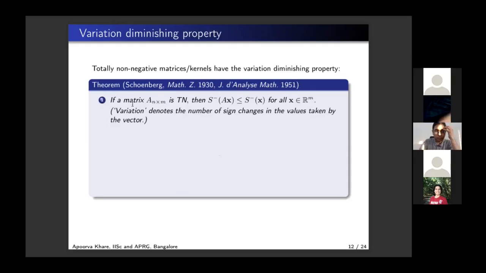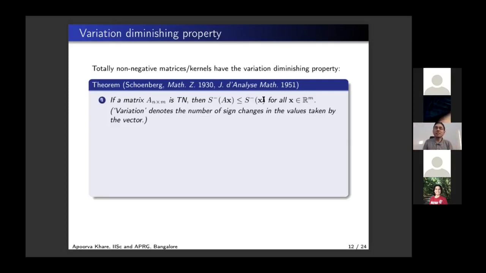So the matrix property says, take any matrix and think of it as an operator. So it acts on Rm and takes them to Rn. Then take any input vector, take 1, minus 1, 1, minus 1, 3, 4, 0. Remove the 0 entries. Look at the number of sign changes in consecutive entries. That's what I call S minus of x.